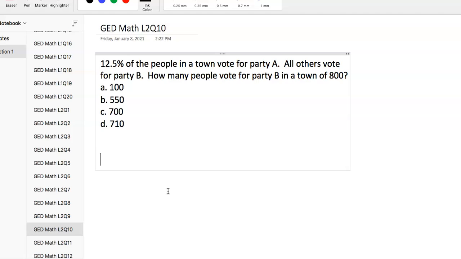12.5% of the people in a town vote for Party A. All others vote for Party B. How many vote for Party B in a town of 800?